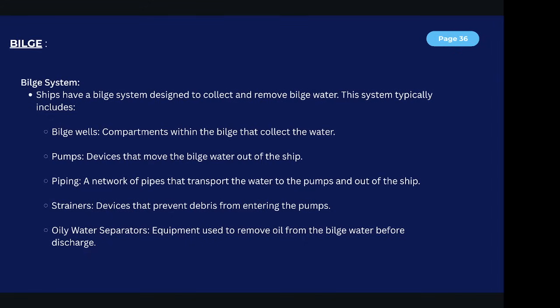They also have the piping, the network of pipes that transport the water to the pumps and out of the ship. They also have the strainers, devices that prevent debris from entering the pumps. Oily water separators, meaning this equipment is used to remove oil from the bilge water before the discharge.